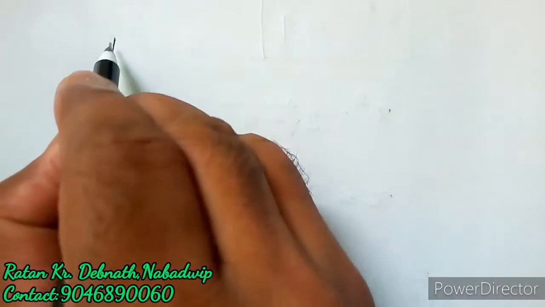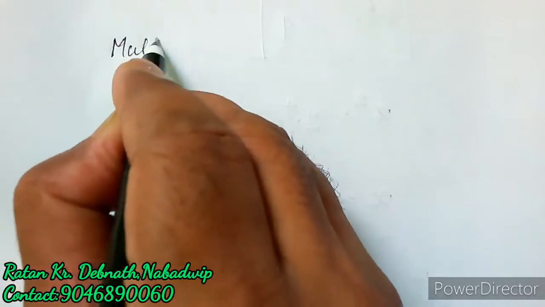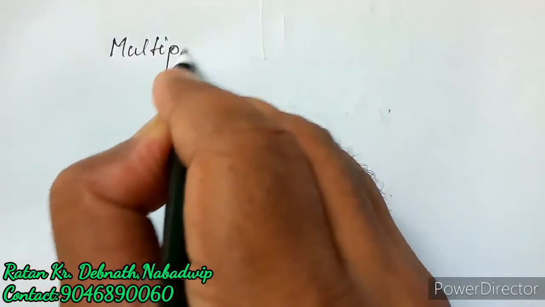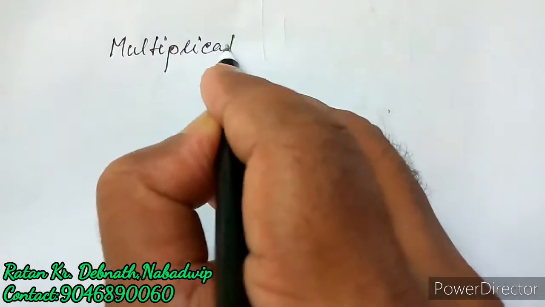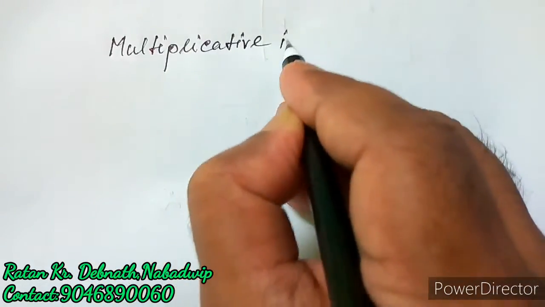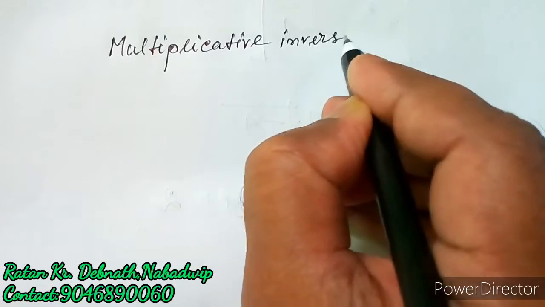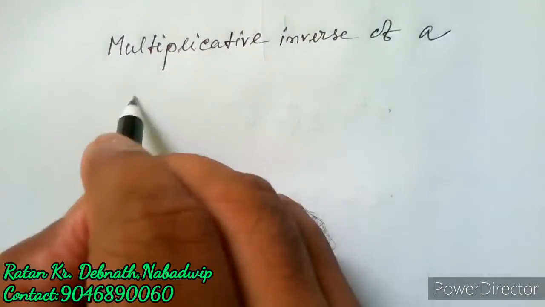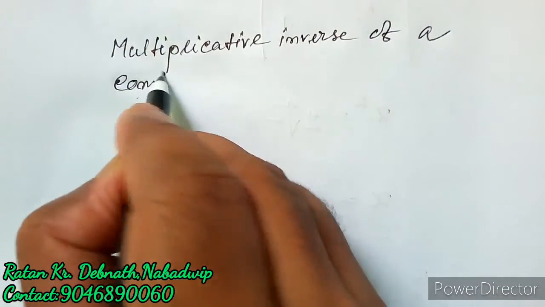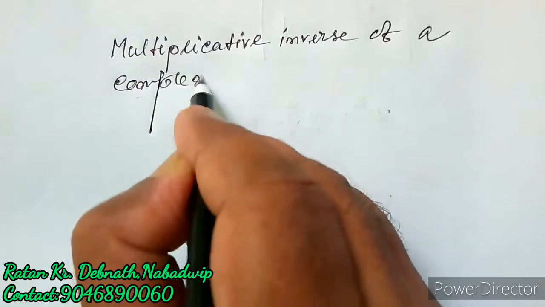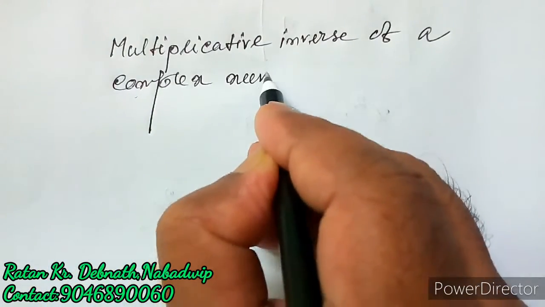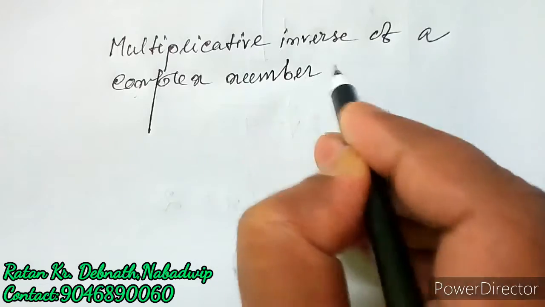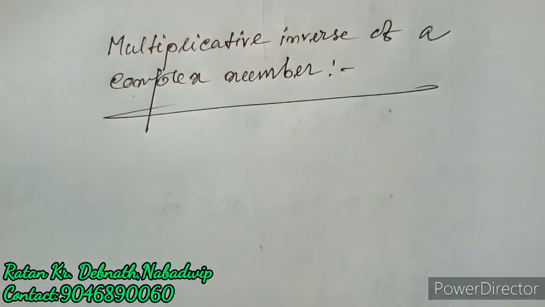Multiplicative inverse of a complex number. What does it mean?